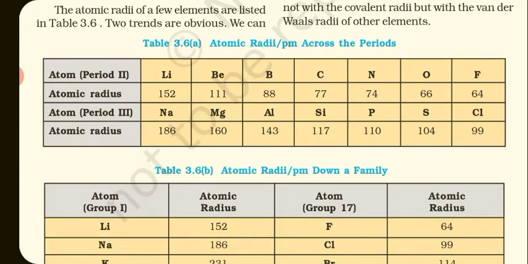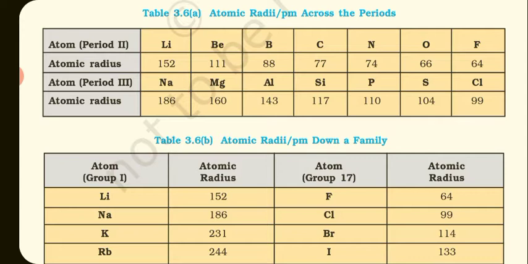Now, in this table 3.6, the atoms of the second period are lithium, beryllium, boron, carbon, nitrogen, oxygen, and fluorine. If we move from left to right in a period, atomic radius is decreasing. You can also see in the third period, from sodium, magnesium, aluminum, silicon, phosphorus, sulfur, and chlorine, the atomic radii are also decreasing.